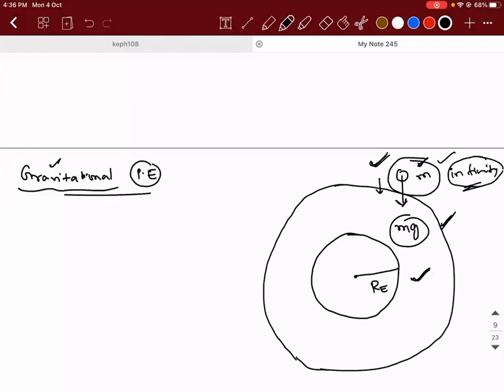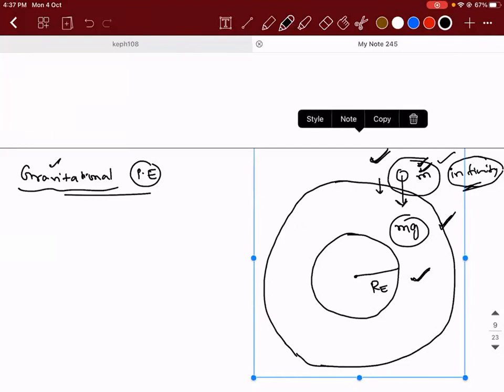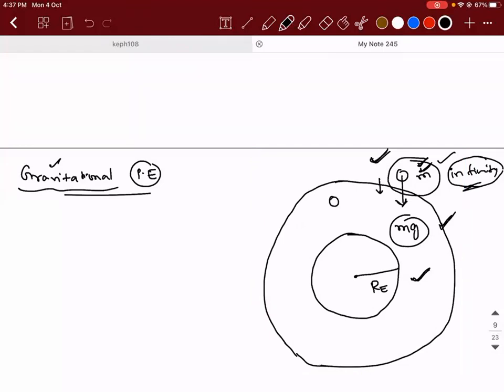Now what will happen if this mass is slowly moved into the gravitational field of the Earth? What do you think will happen? If the object is placed here, what do you think is going to happen?